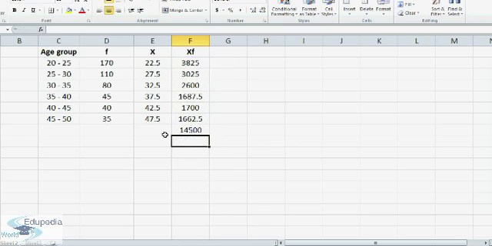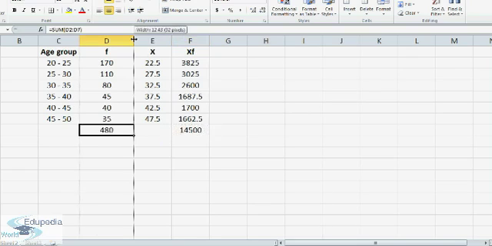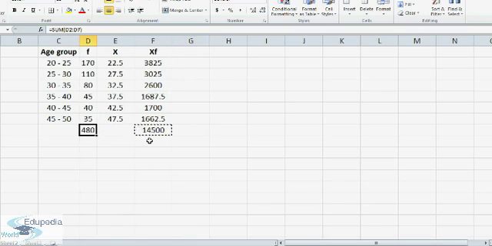This is the sum. Also I need the sum of the frequency to get my n value, which is 480. So my arithmetic mean in this case would be this value divided by this. Okay, so now my arithmetic mean here is 30.2083.